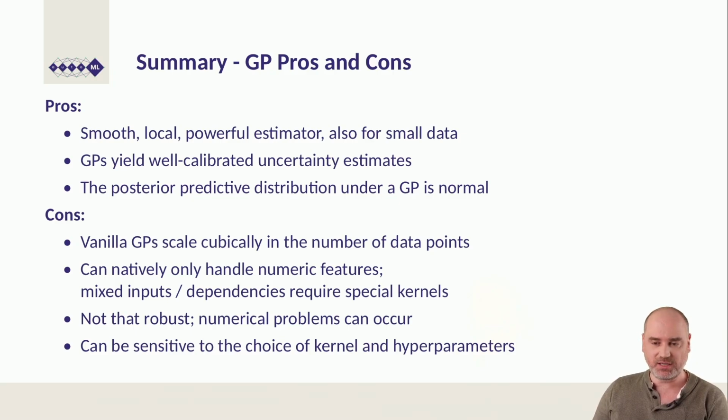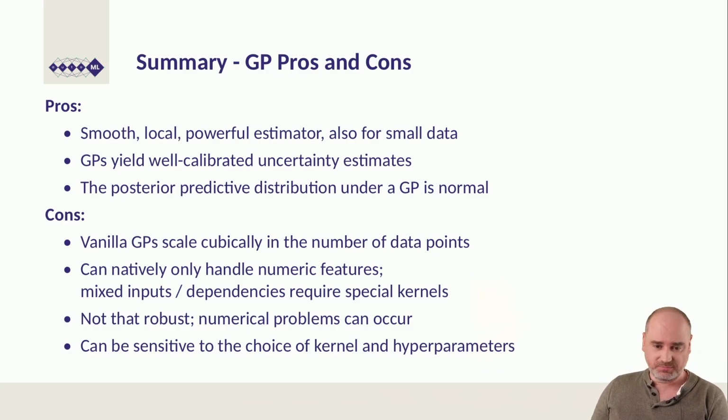It works very nicely on small data regimes. They give you well-calibrated uncertainty estimates that behave, hopefully, in exactly the manner you would like for optimizing expensive black boxes. And the posterior predictive distribution under the Gaussian process is normal, and we can exploit this in very many different ways. Some of them you will see here in this chapter.